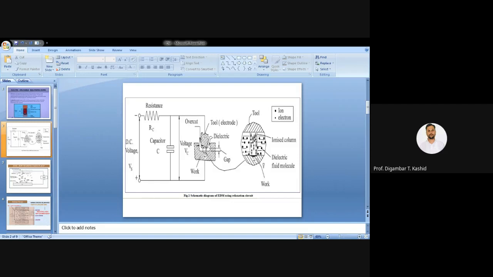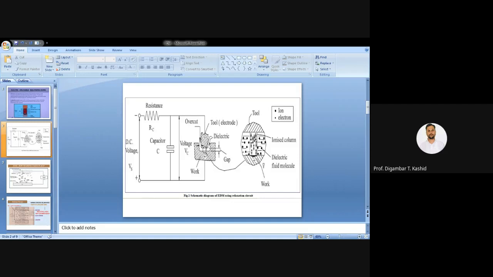Here you can see the dielectric fluid. This dielectric fluid is a normal liquid and it has a certain dielectric constant.